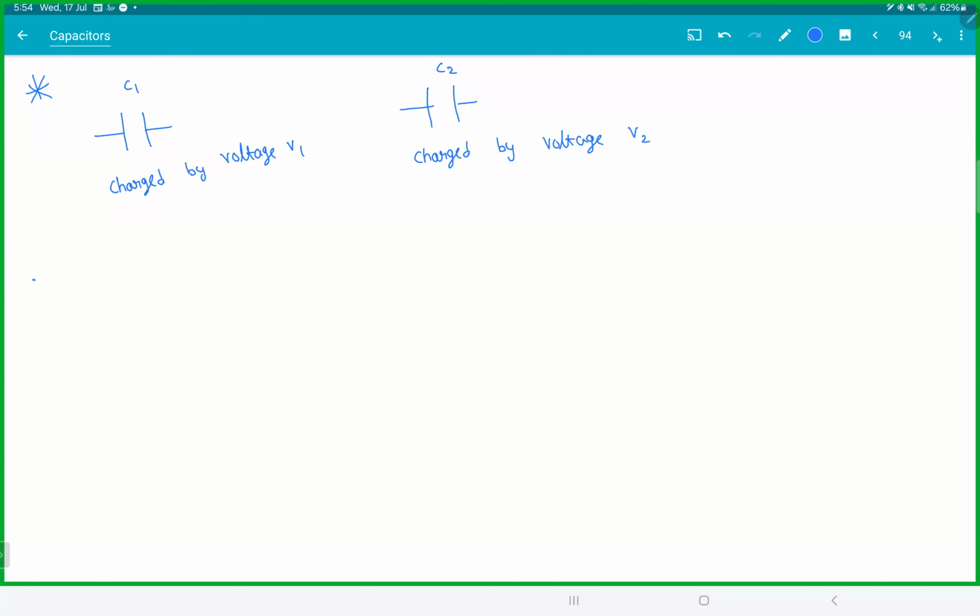So case 1, connected in same polarity. So you connected the positive plate, C1, V1, and you connected the positive plate, C2, V2. Then the question would be, what is the final voltage?